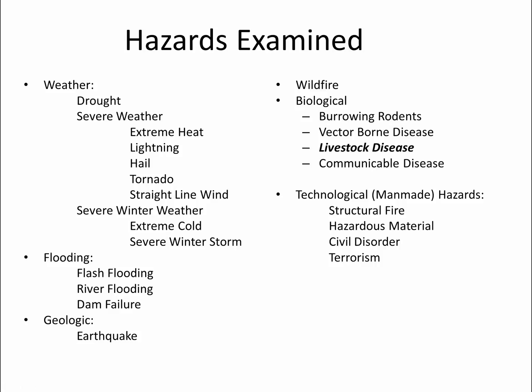The other areas that we look at are vector-borne diseases such as West Nile virus and communicable diseases which are human-borne such as the swine flu. We've also, for Jerome County, because of the dairy industry, added a specific area that looks at livestock diseases. We also examined technological or man-made hazards such as structure fire, hazardous materials, civil disobedience, and terrorism.